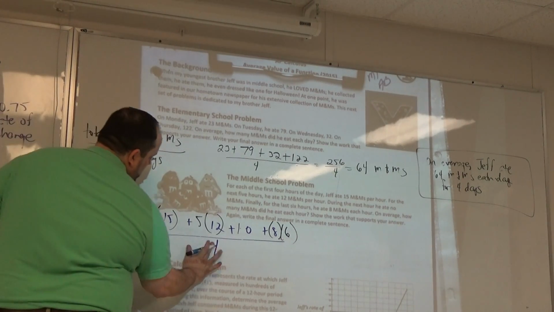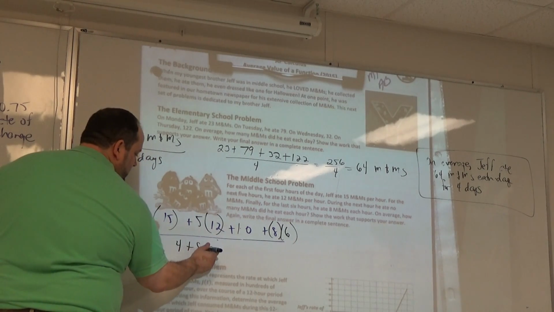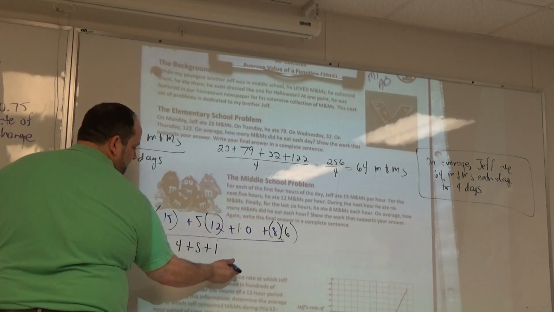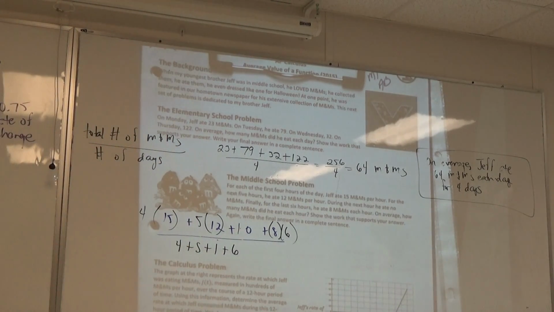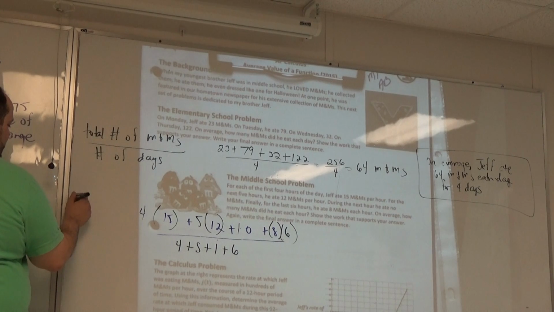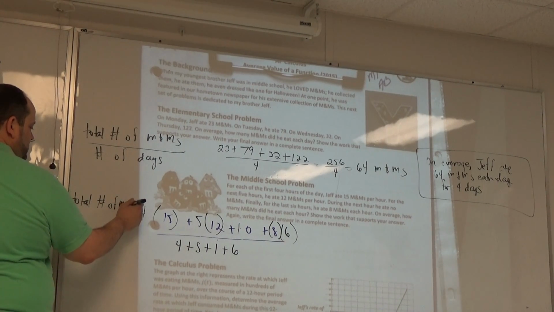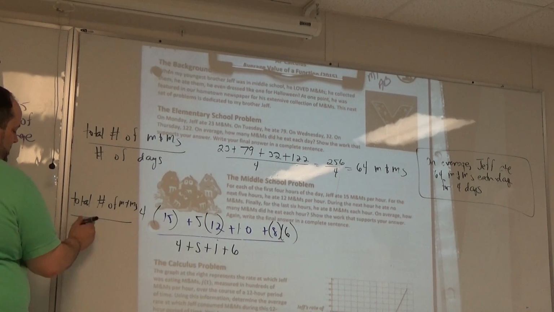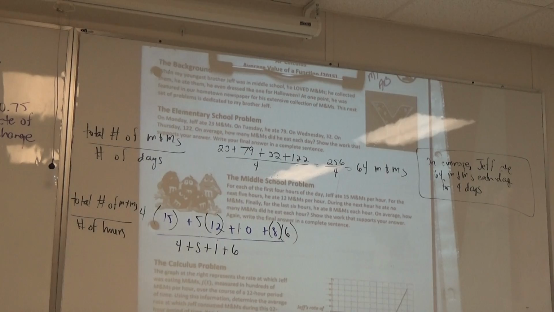So it will be 4 plus 5 plus 1. Right, it's the 4 hours in the beginning, plus the 5 hours, plus the hour that he took a break to go throw up, plus the 6 hours at the end. It's the total number of M&Ms divided by the number of hours. That's still how we're going to find our average.